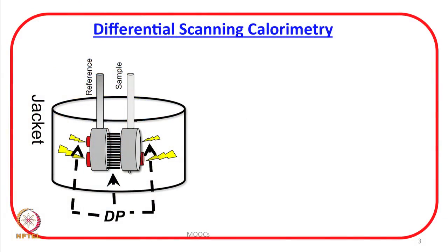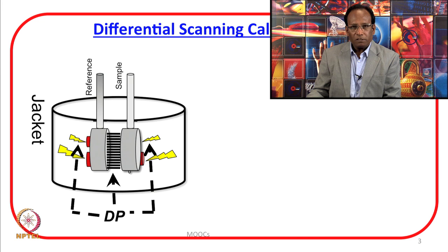Let us take a look at the block diagram of a differential scanning calorimeter. I am going to discuss the principle of differential scanning calorimetry. The principle remains the same whether it is a differential scanning calorimeter for the measurement of large amounts of heat changes or a micro differential scanning calorimeter.